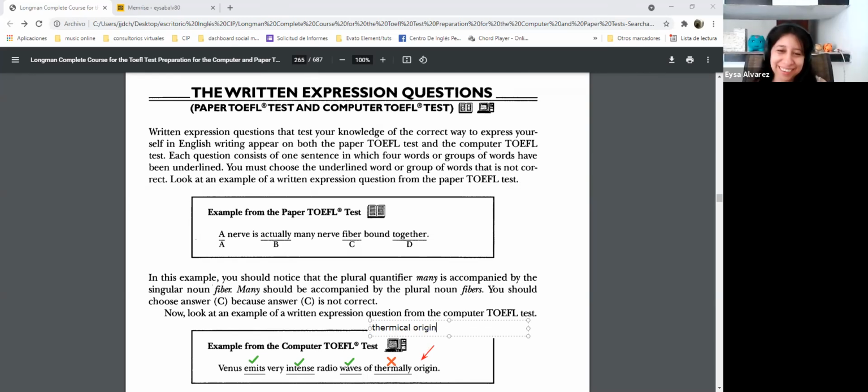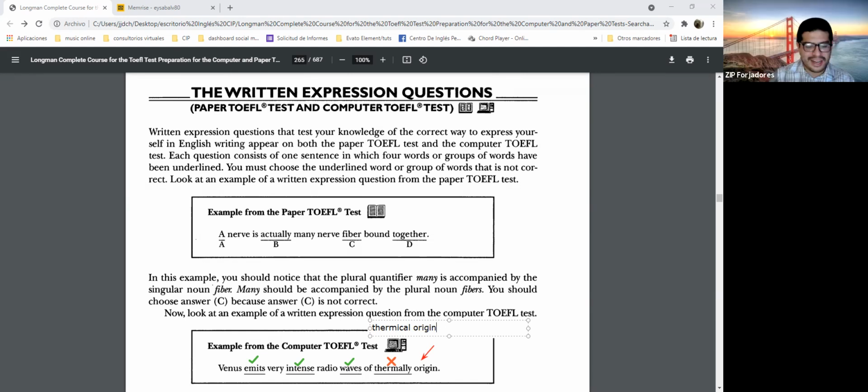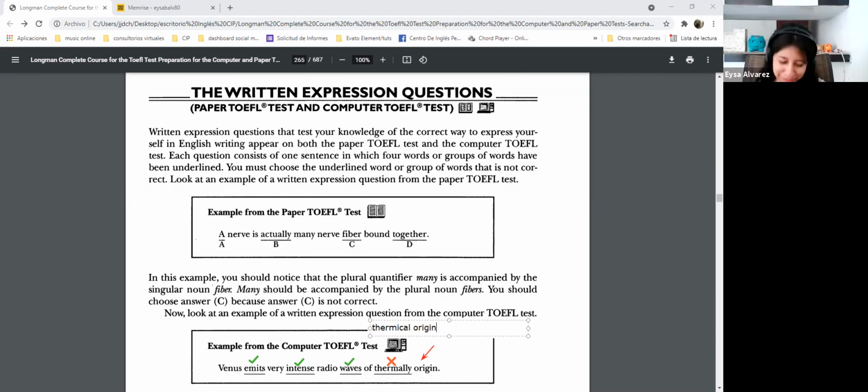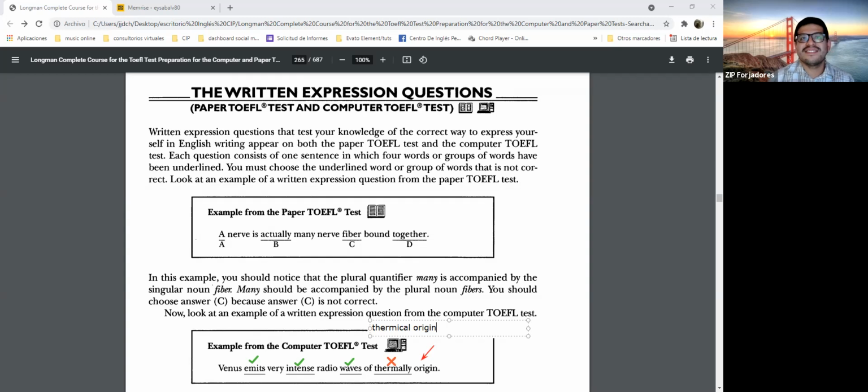Thermical is the adjective, not the adverb. All right, good. So these are the written expression exercises.